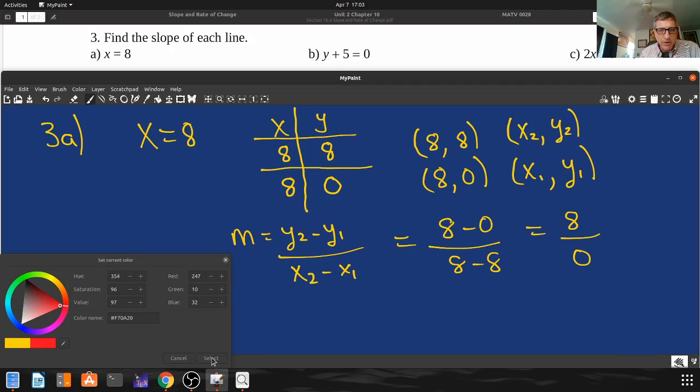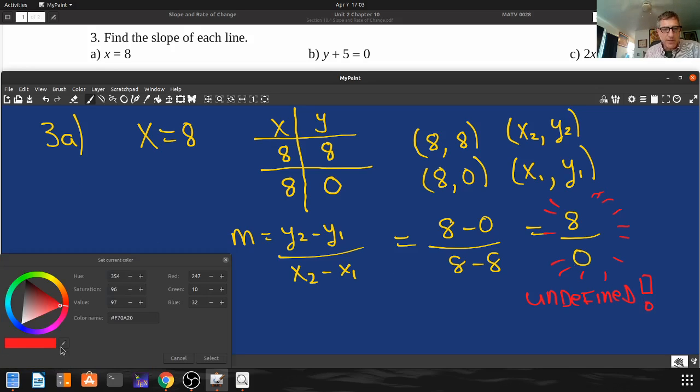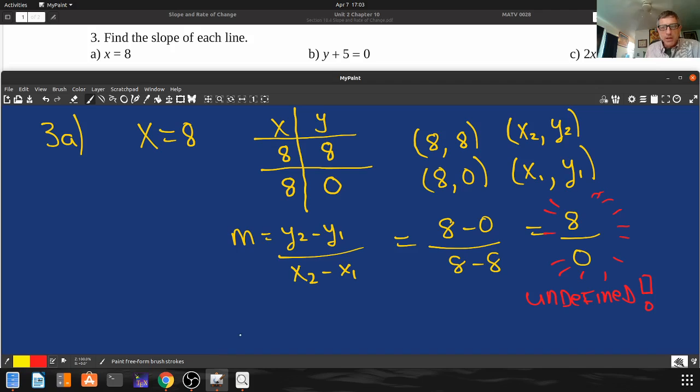What on earth? Gasp. This is an undefined number because I have division by 0. So what that tells us is the following fact. If you look back at the very beginning of this video, when I define the slope, I say that the values of x1 and x2 have to be different.